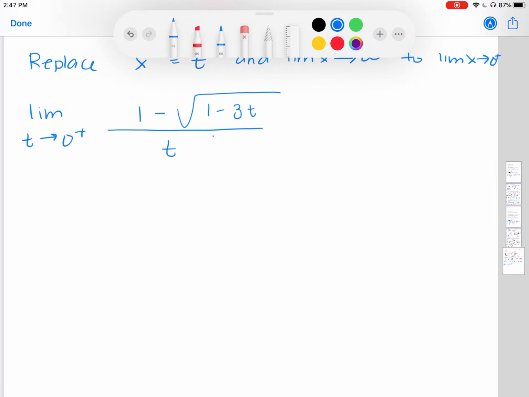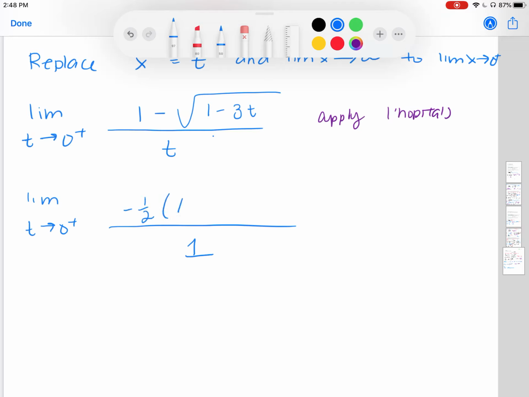Okay, so now I can go ahead and apply the derivative, apply L'Hopital's. So that I have the limit as t approaches 0 from the right, you get 1 in the denominator. And in the numerator, we just have to deal with chain rule. So we have negative 1/2 times 1 minus 3t, take the derivative of the inside, which is negative 3.